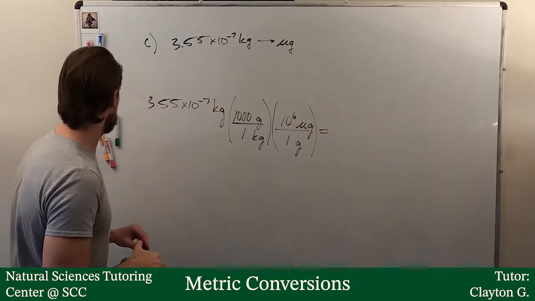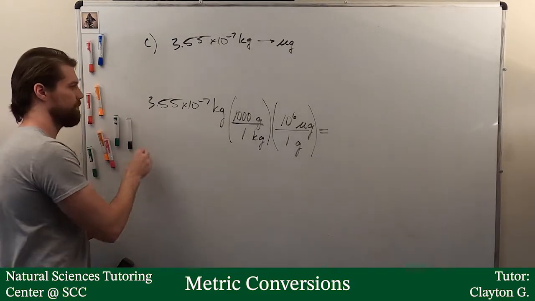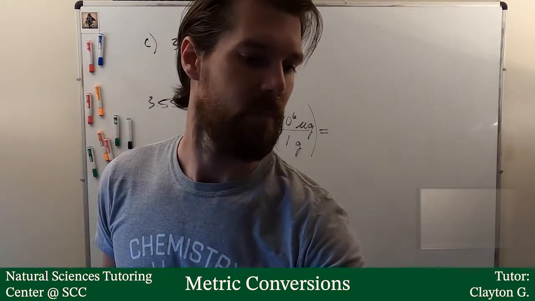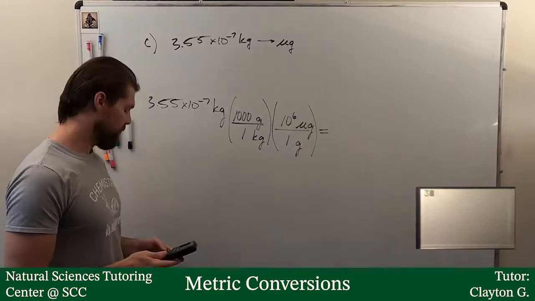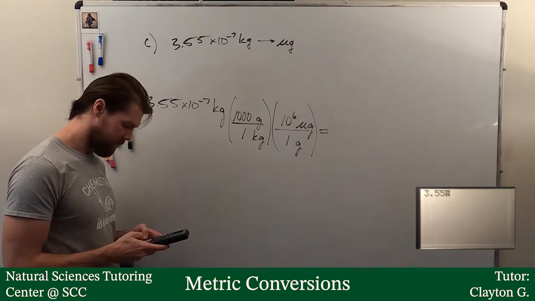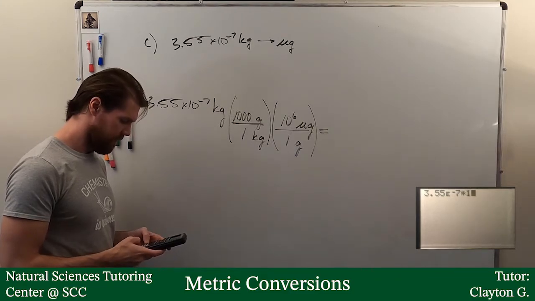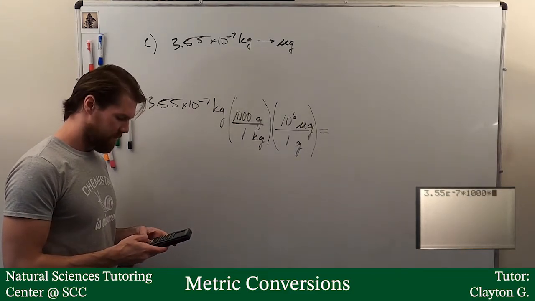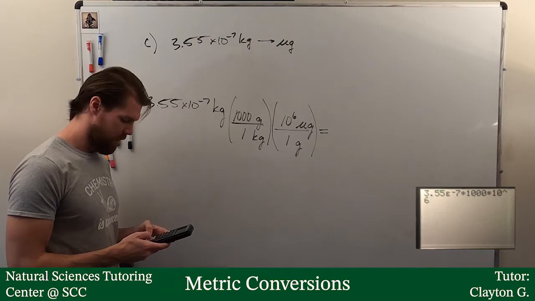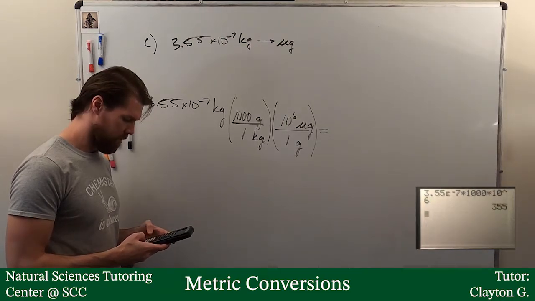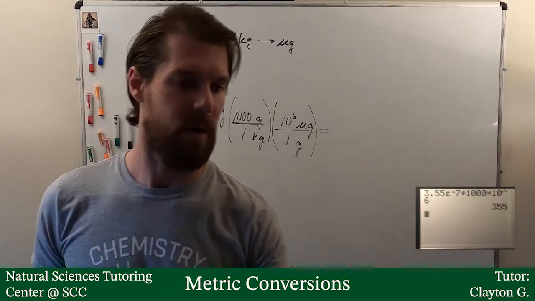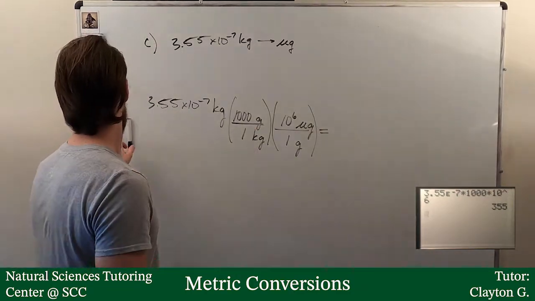All right, so let's see what this comes out to. It'll be 35.5 maybe. Let's see. 3.55 times 10 to the negative 7th times 1,000 times 1,000,000. 355. I was off by a power of 10.